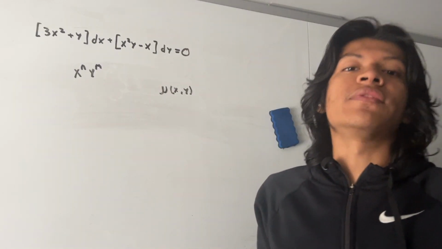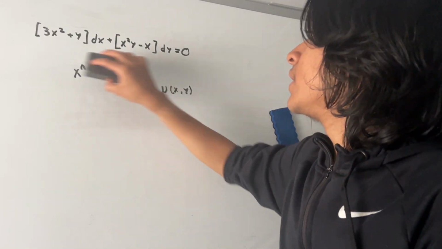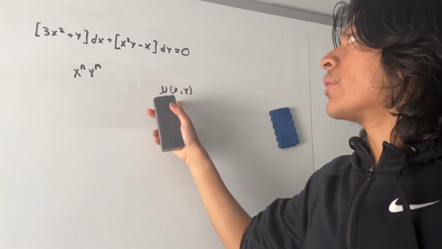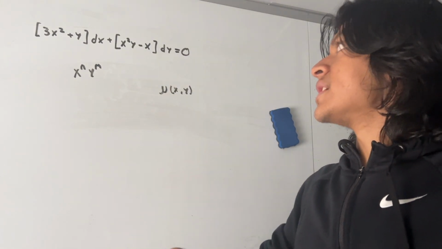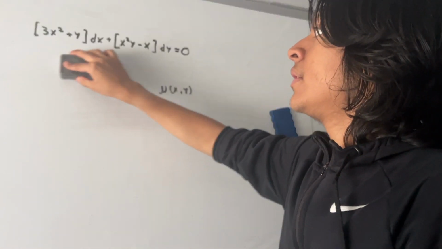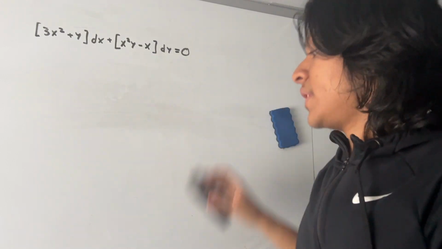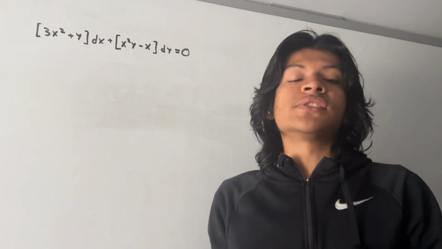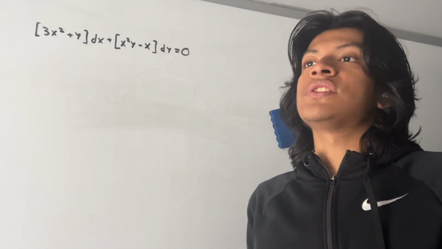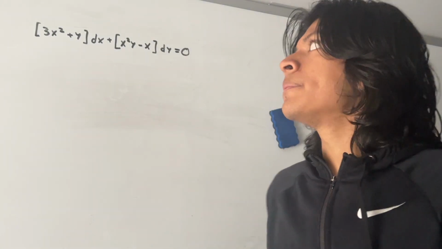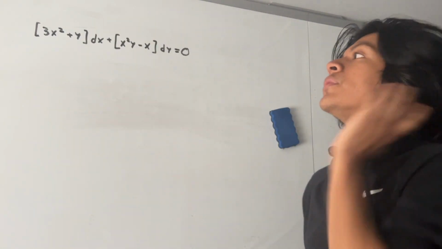It's basically a bunch of algebra. So that's the case if you want to solve for an integrating factor that is in terms of x and y, but we have equations that would allow us to solve for integrating factors that are just a function of x or y. In this case, for example.